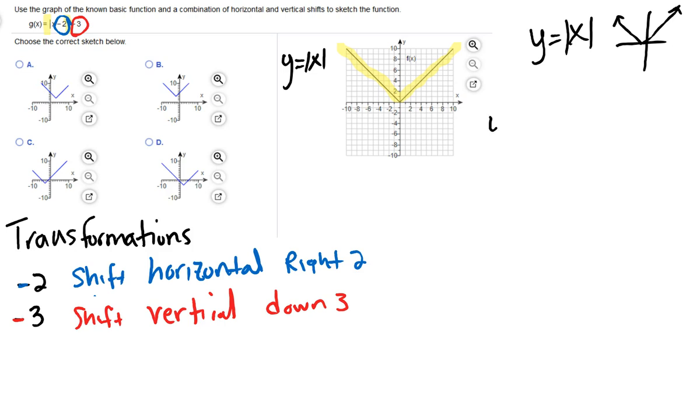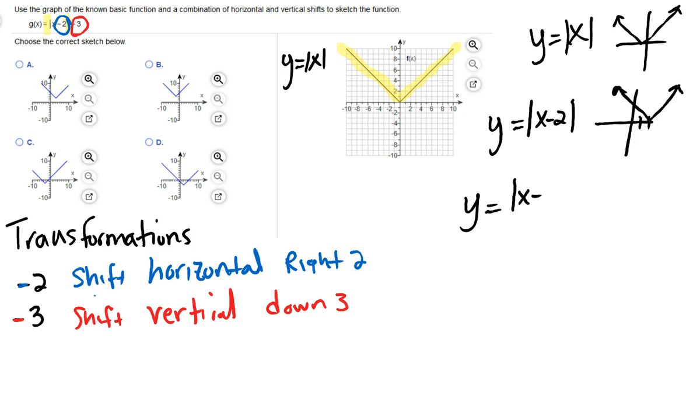And then if we draw in our transformation, our horizontal transformation, y equals absolute value of x minus 2, I'm going to go to the right 2, shift every point to the right 2, and then the last transformation, which is minus 3, we're now going to move all of those points down 3 to right here. Looking at my answer choices, I can see that answer choice D matches that.